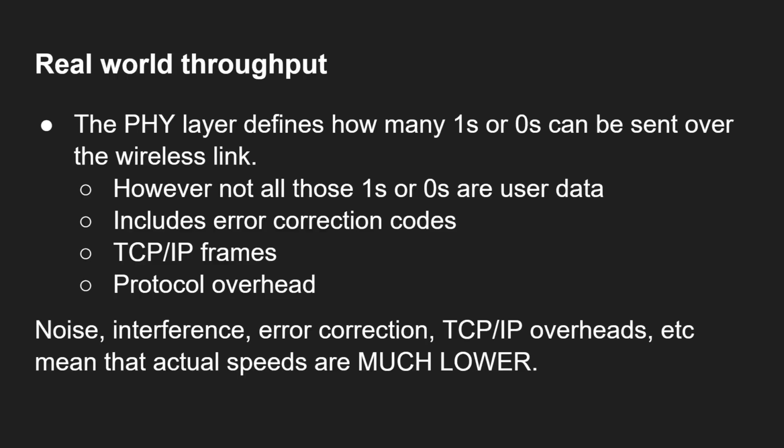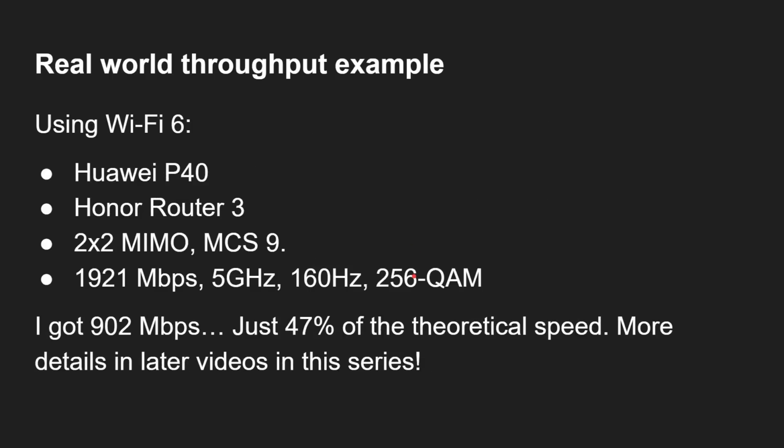So noise, interference, error correction, TCP/IP overheads all mean that the actual speeds that you get in real life are much lower than all those big numbers that they quote on the side of the box. So I want to warn you, because it's a disappointment when you say, oh look, 1900, this is going to be great. It's not. Okay, and we'll talk more about this in other videos, you have to understand that the real world data rates are much lower.